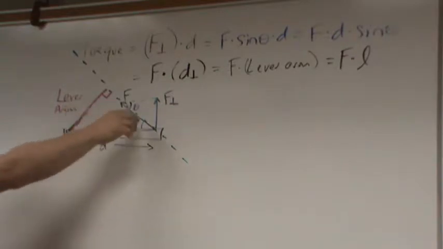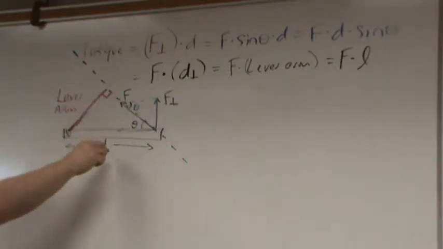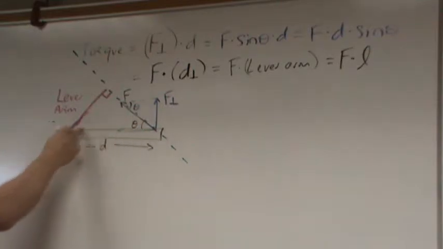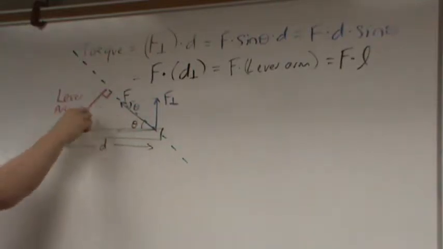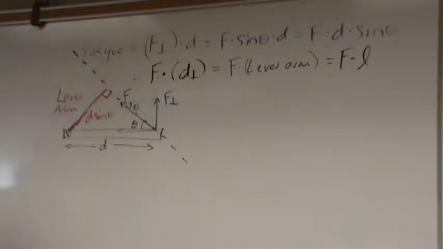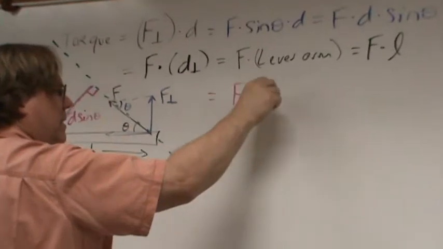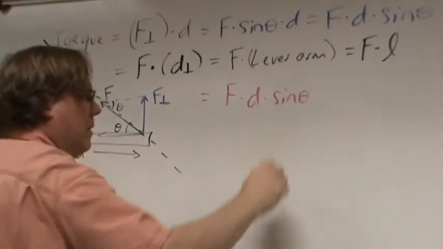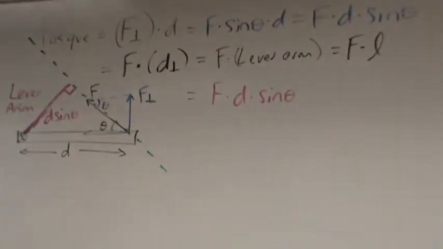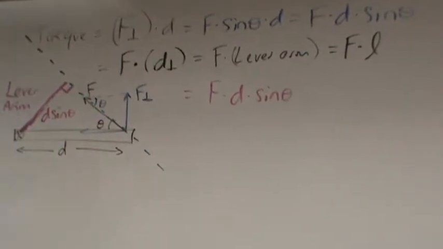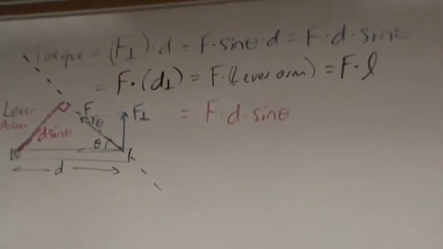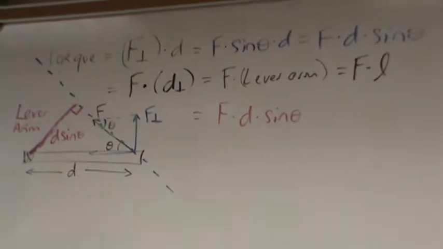Looking at the trigonometry, the hypotenuse is d, and this is opposite the angle theta, so this ends up being d sine theta. So you get the same equation, force times d sine theta. But it's a different way of looking at things, and it will serve you well on a lot of problems.